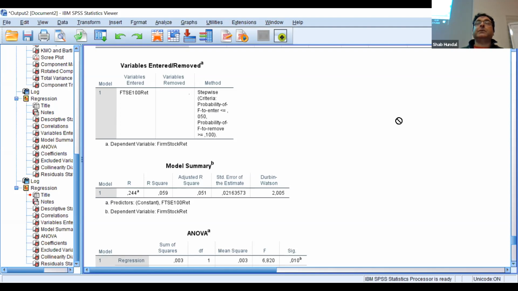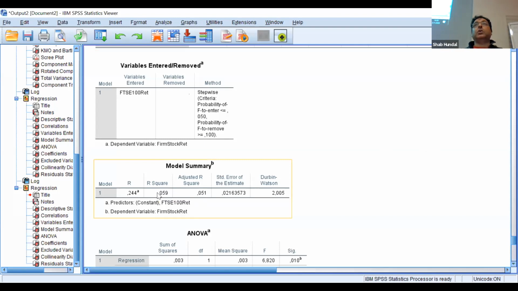X1, X2, X3, X4, X5, X6. Remember we have 6 independent variables. All of them put together are explaining 5.9 percentage changes in your dependent variable, which is the firm stock return.